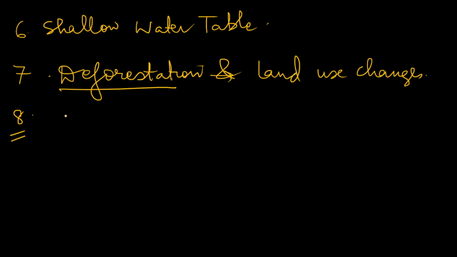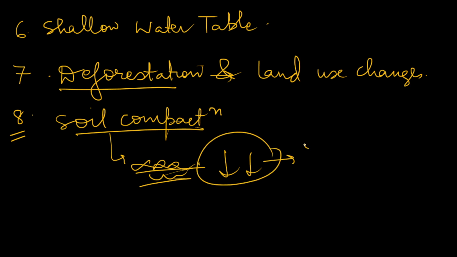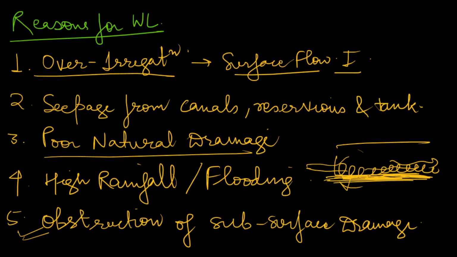Soil compaction, which I discussed just now: due to continuous ploughing, continuous tillage, and heavy machinery use, there is hard pan formation. The soil becomes compact and the infiltration rate of soil decreases, and hard pans formed under the subsurface of the soil can lead to waterlogging. So these are some of the reasons for waterlogging. We have discussed the important 7-8 reasons, and I think if you write 6-7 reasons from here, it would be enough for your answer.